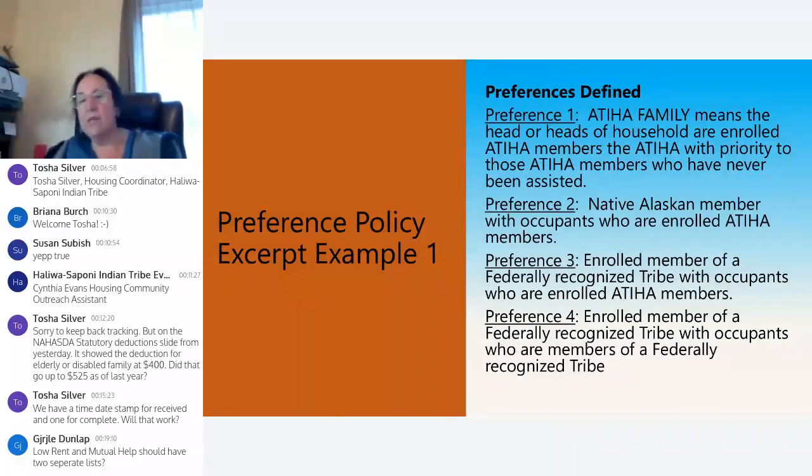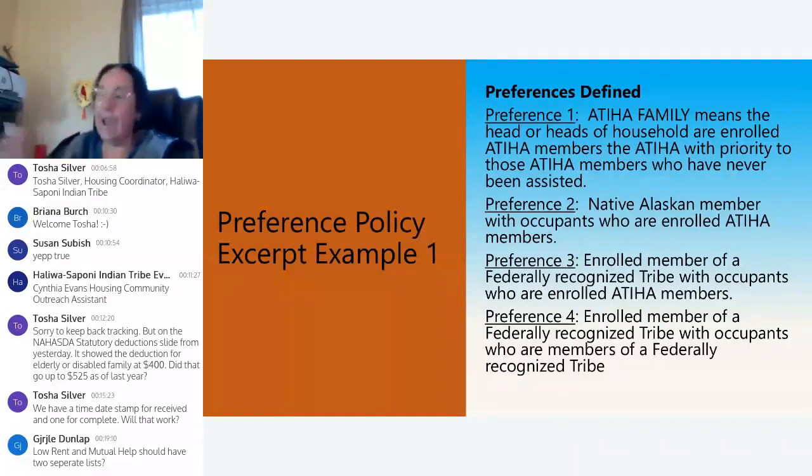Preference 3 could be an enrolled member of a federally recognized tribe. So this obviously is written for an Alaskan. An Alaskan is going to give preference to Alaskans before they do any other Native. Now that's who we're supposed to basically serve: low income Alaskans and Natives, depending on where you're at, Native Americans. And there are some places where I as a Native can go and get put on their list. But the majority of them will have a preference.